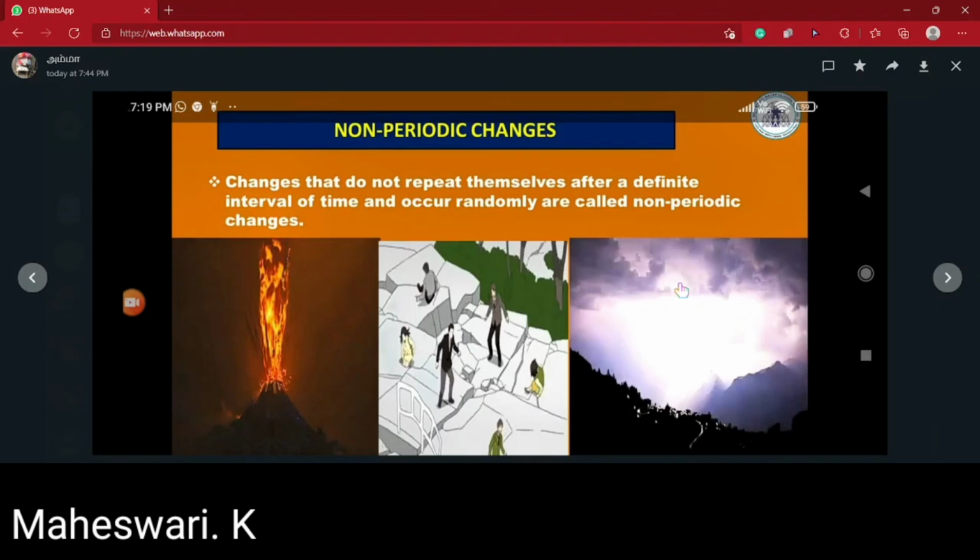Eruption of a volcano, occurrence of an earthquake, a streak of lightning flashing across the sky during a thunderstorm, running of a batsman between the wickets, and movement of legs while dancing are a few examples of non-periodic changes.